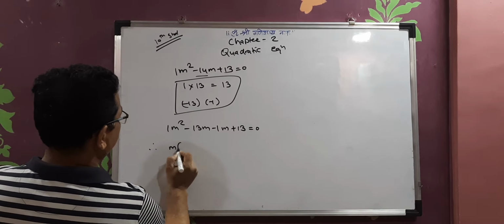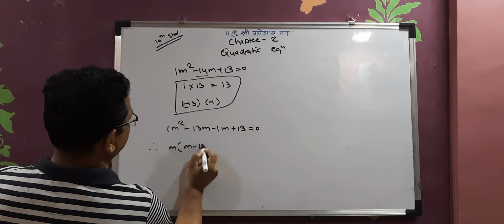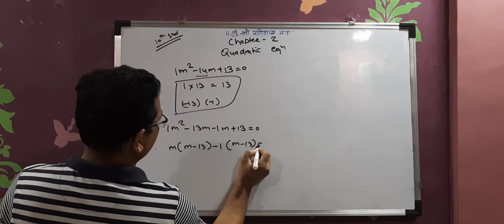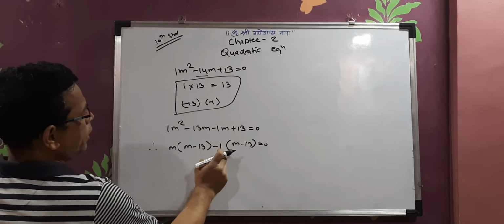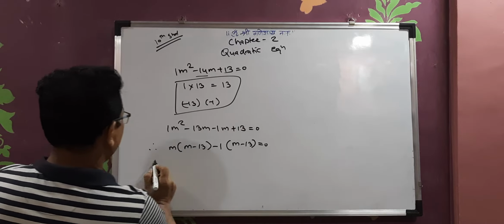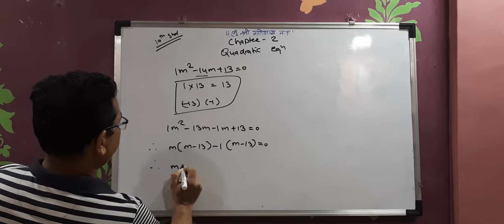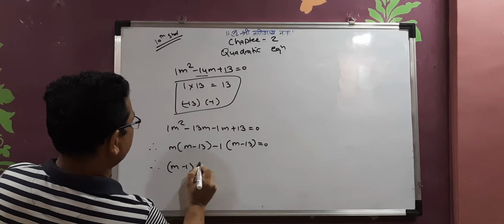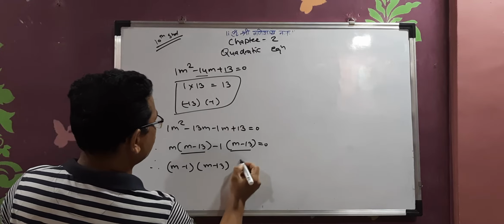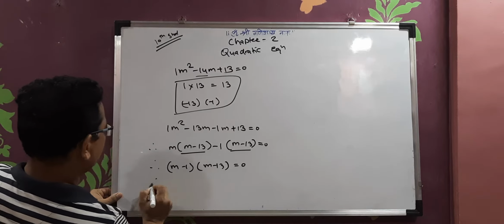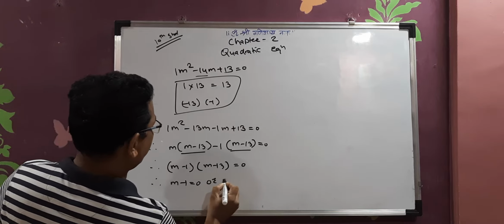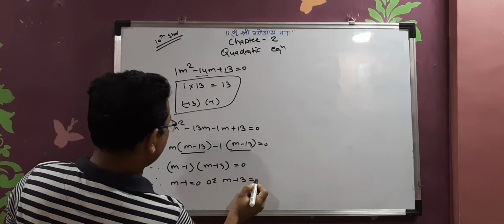So we keep m as common: m into m minus 13, minus 1 common, m minus 13 is equal to 0. The sign changes because we are keeping this minus outside the bracket, so the plus sign changes to minus. So m minus 1 and m minus 13, we have taken m minus 13 common, is equal to 0. So m minus 1 is equal to 0 or m minus 13 is equal to 0.